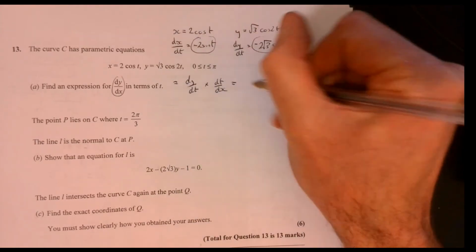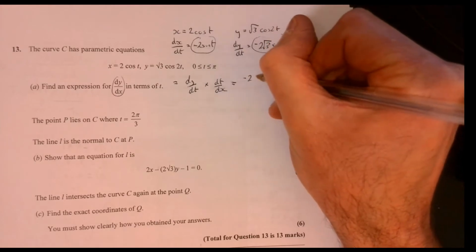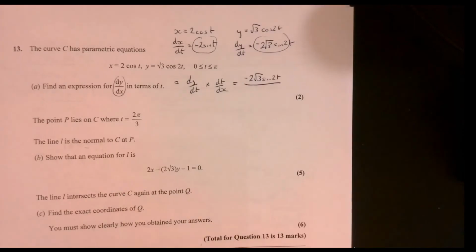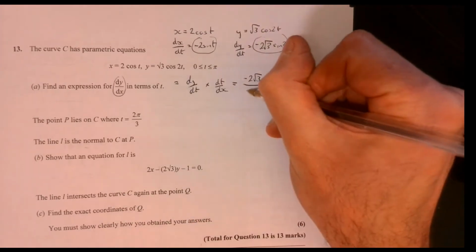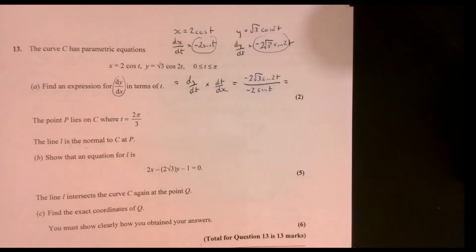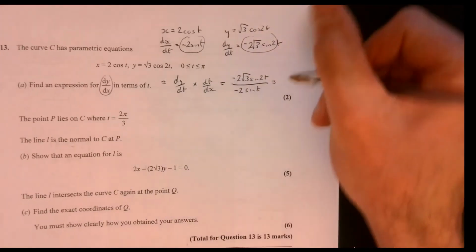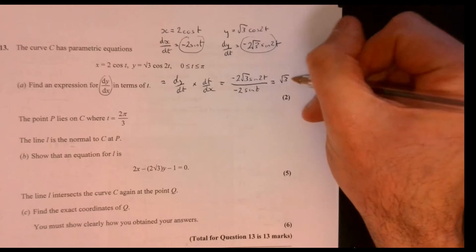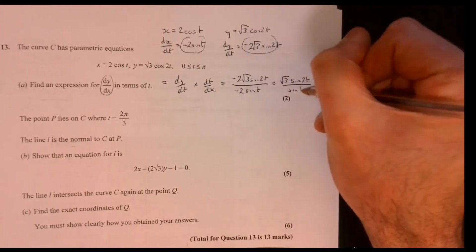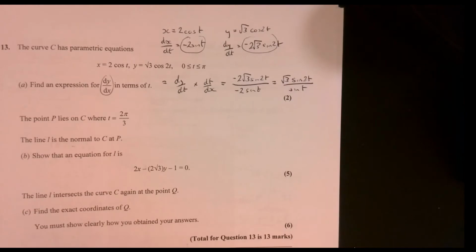So the whole thing would be equal to minus 2 root 3 sine 2t over this part, minus 2 sine t. The minus 2's obviously cancel each other out, so we're going to have root 3 sine 2t over sine t. There we go.